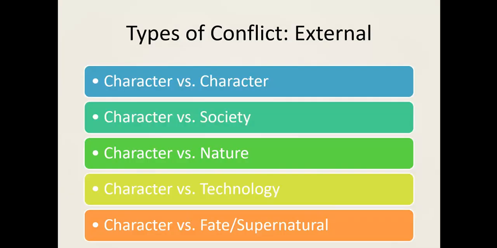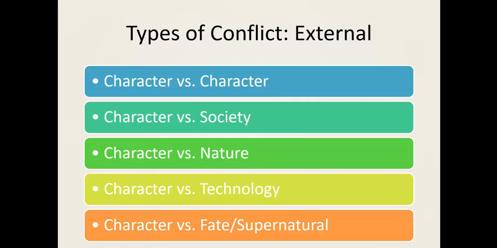So now, here are some conflict types. These are on the outside, right? So if you think about what happens outside of us. A character versus a character, hero and villain, right? Then character versus society. Sometimes there can be a character who seems to be trying to get toward a goal and the society can be their block.